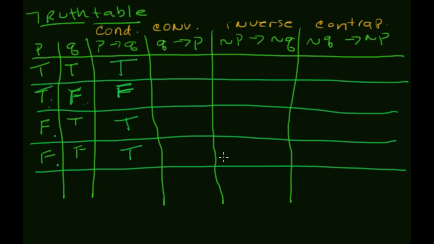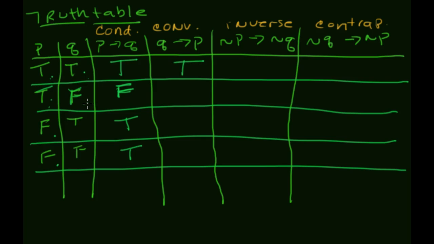Now, let's look at what happens here. If I switch the P and the Q for the converse, so the Q is going to come first and then the P. Okay, so this true is still true: Q implies P, still true.